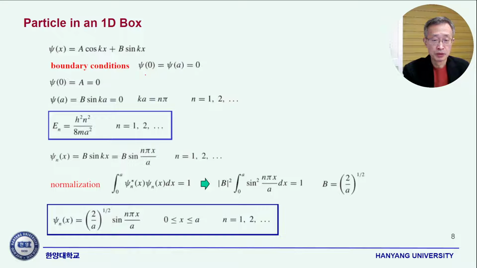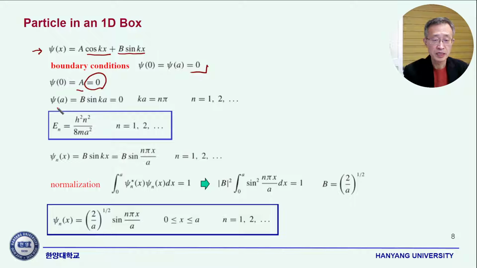So with the boundary condition, this is a trial solution, and it must meet that boundary condition. Psi of 0 is A times 1, which is 0, so A is 0.